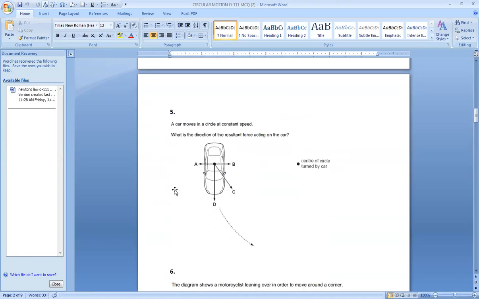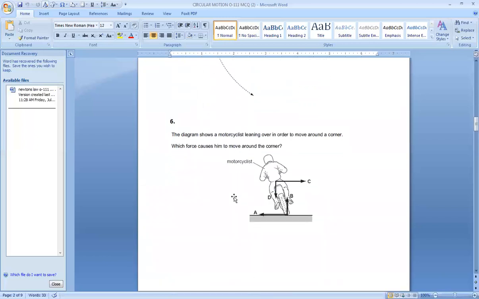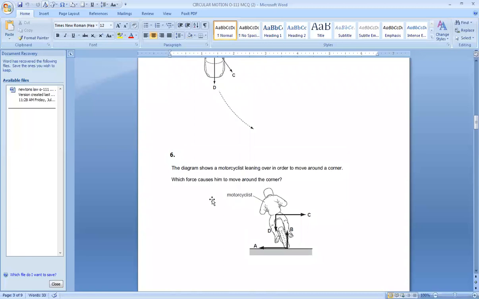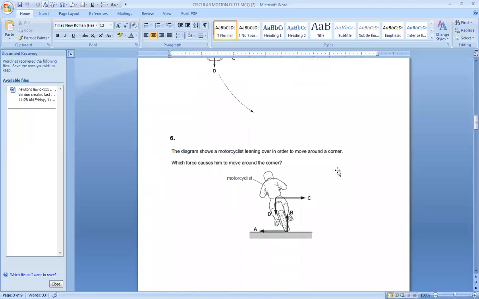Number 5, the center of the circle is given to you. Car is moving at a constant speed around a circular path. So resultant force is towards the center. That is B. So B is your option. Number 6, the diagram shows a motorcyclist leaning over in order to move around a circular corner.